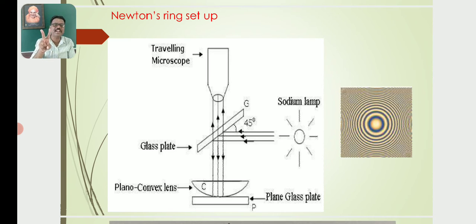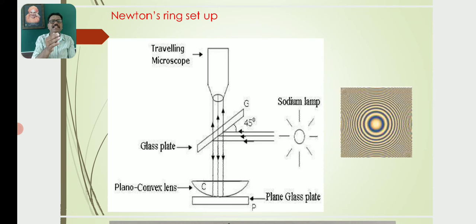The two reflected rays from the upper surface and the lower surface of the air film are derived from a single incident ray. They have the same frequency, same amplitude, and traverse with the same velocity with a constant phase difference, such that they interfere with each other. They are superposed. Then they traverse vertically upwards.